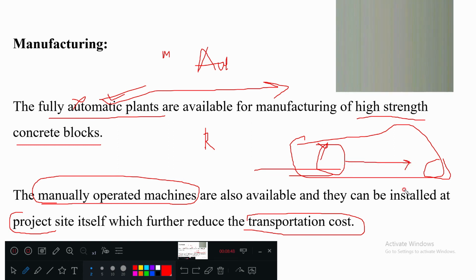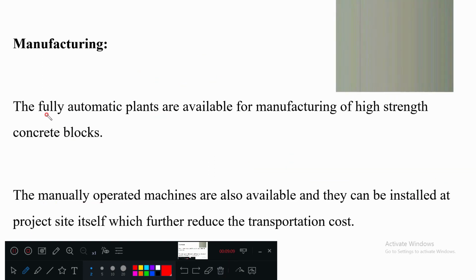We avoid that and install one small machine or automated plant itself, which can be run manually also. So this will reduce transportation cost. In the manufacturing type we can go for fully automated as well as semi automated or manually operated.